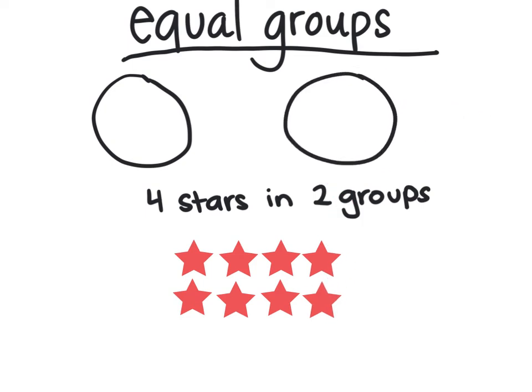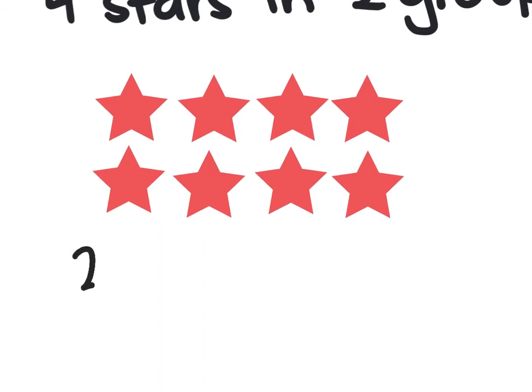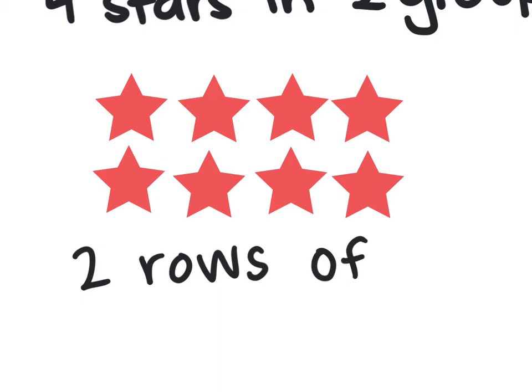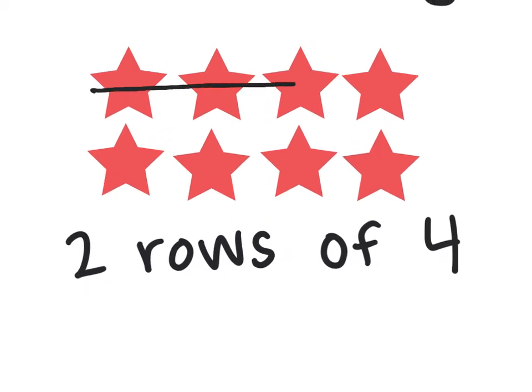So now I have 2 rows of 4. Remember, this is a row and this is a row. There's 2 rows with 4 stars in each row.